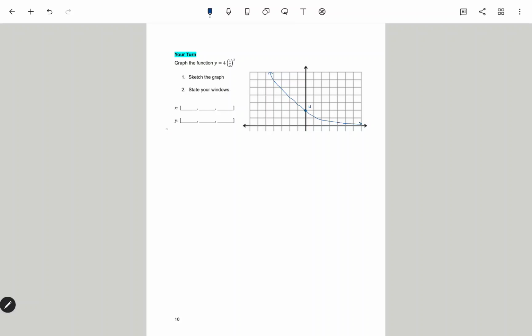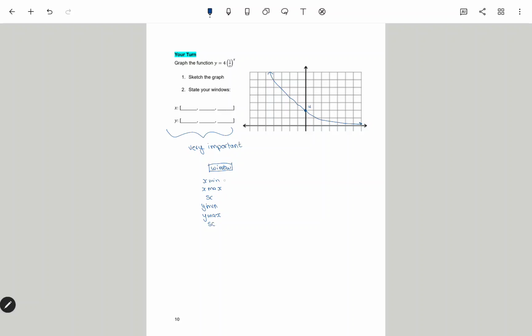Stating your windows is very important for the diploma. They really like you to show all of your steps, especially what you're doing on your calculator. So when you hit the window button on your calculator, it comes up and it says X min, X max, then it says scale, then it says Y min, Y max, and it has your scale.